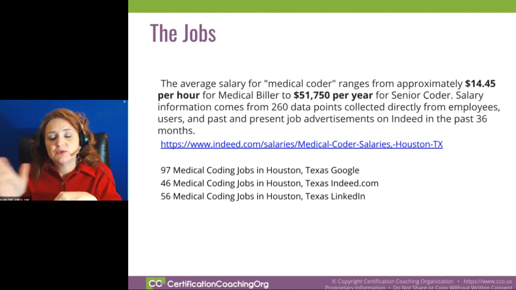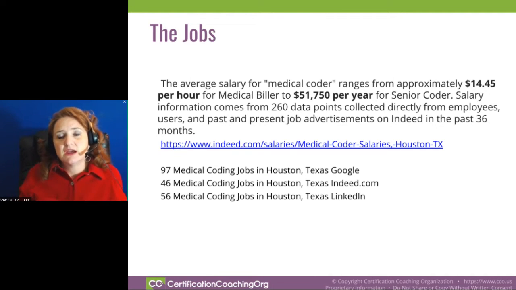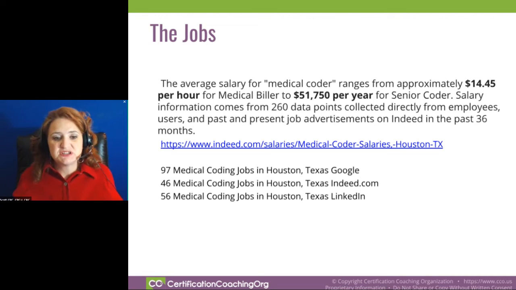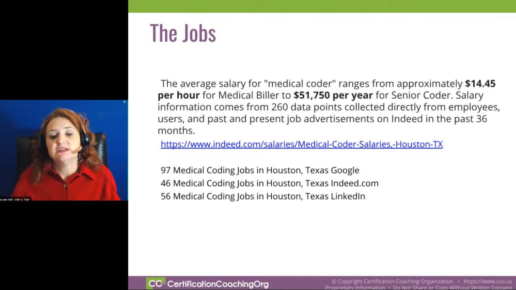So you can go look at salary surveys from Indeed. I picked one city to get an idea of how many jobs are out there. Houston is one of the top 3 paying and has jobs available for coders in the nation. I can't remember what the other 2 are off the top of my head, because it's probably changed, but it's something like a California place and New York, an East Coast and West Coast, and then Houston.